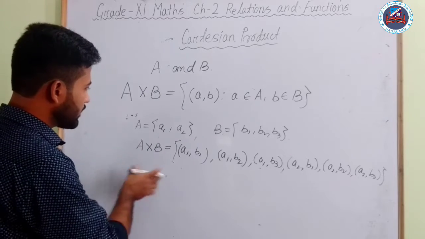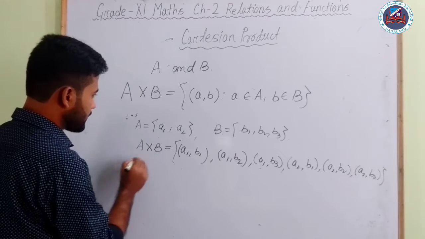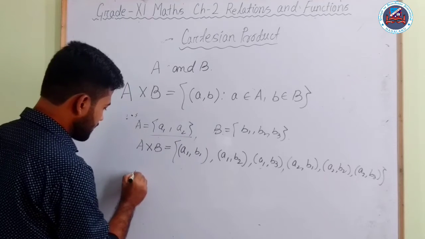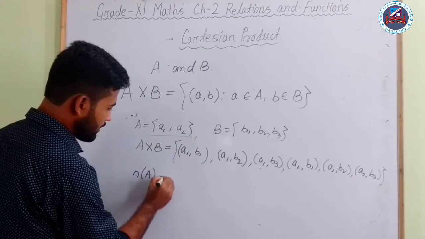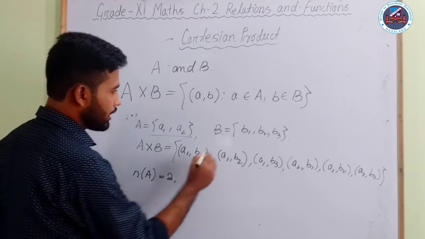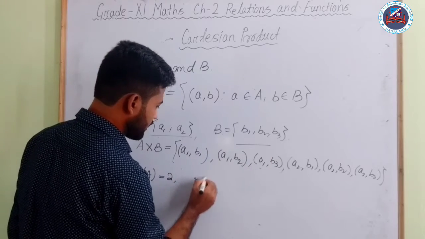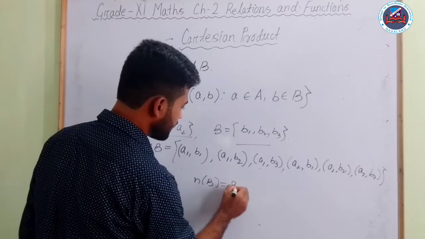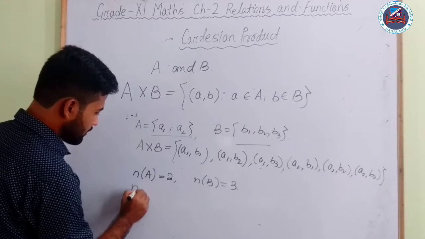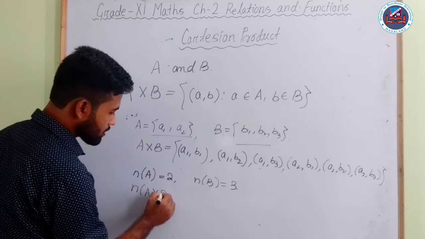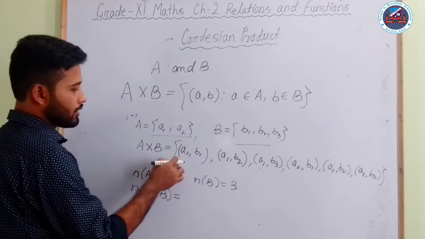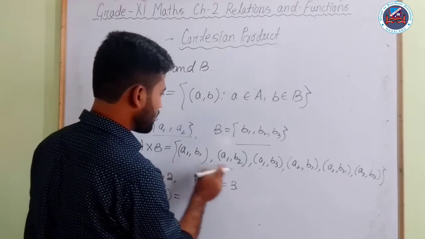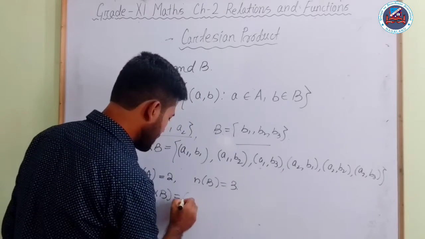From here, one thing to be noticed is that for the set A the number of elements is 2, and for the set B the number of elements is 3. So what is the number of elements of A cross B then? Here you can see the number of elements is 1, 2, 3, 4, 5, 6, that is 6 elements.